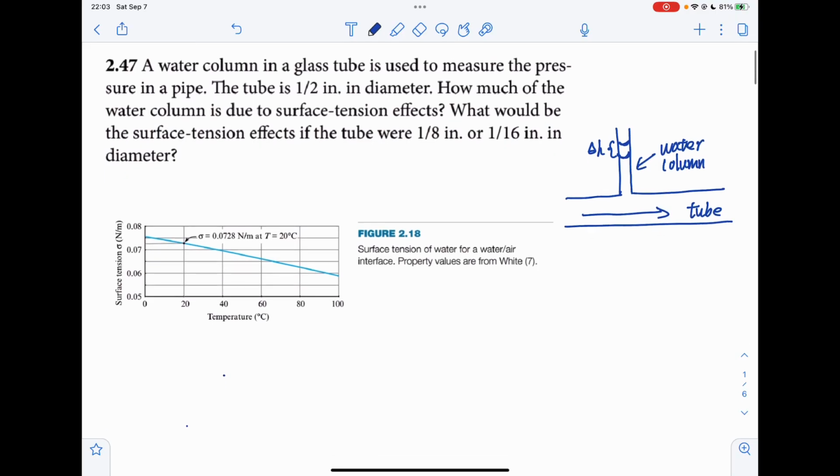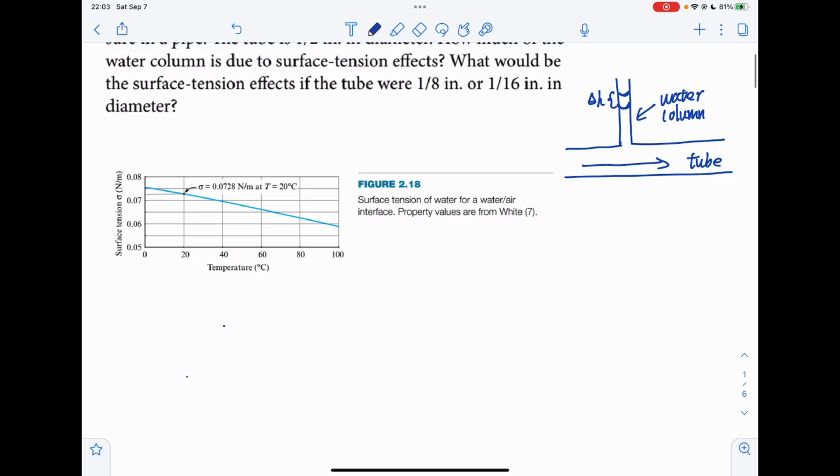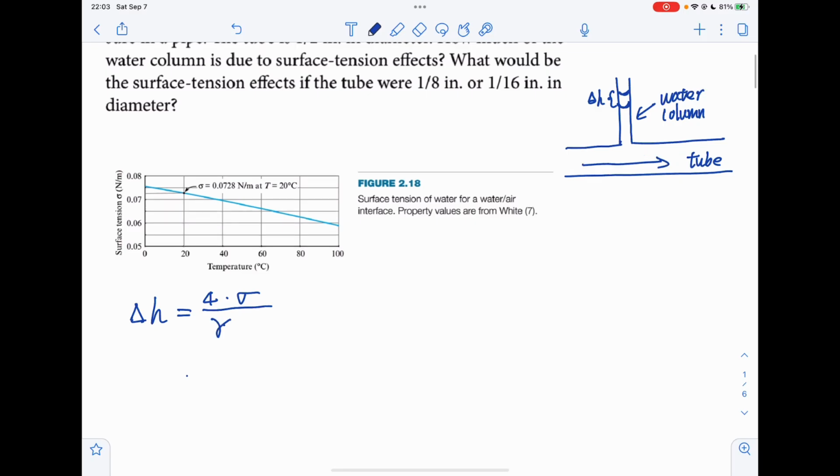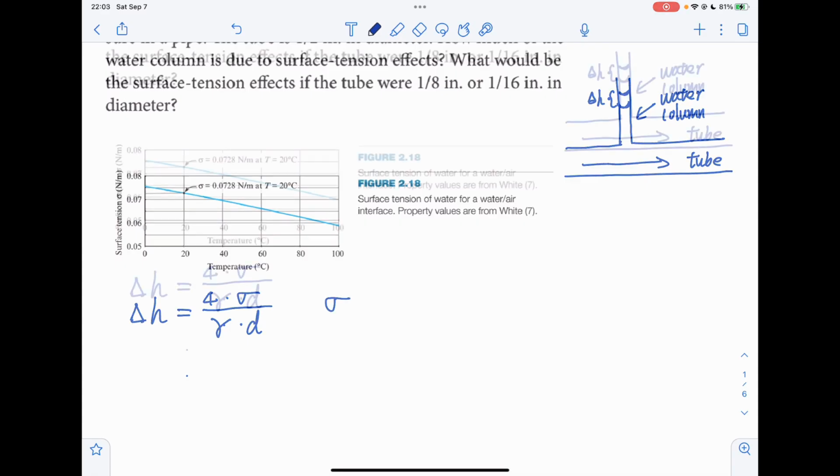To find the surface tension effect, we're going to use equation 2.23 in the textbook. It's this equation: delta H equals 4 times sigma over gamma times D. Okay, for the gamma, we can use figure 2.18.